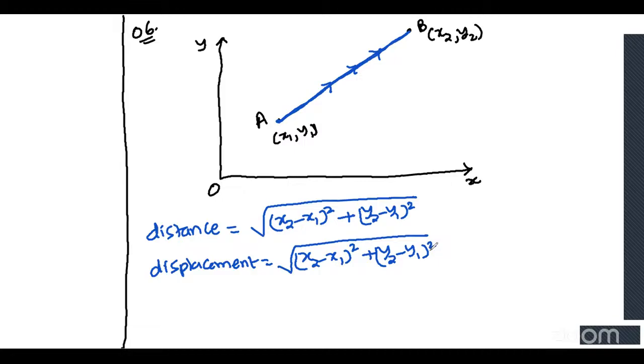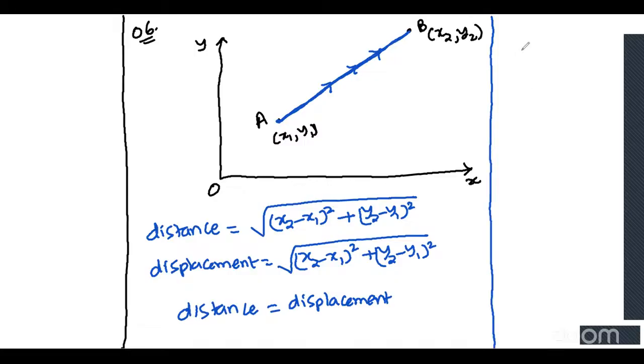Okay, sir. So, in this case, if you observe, we are having that distance equal to displacement. So combinedly, by all these cases, I can say that displacement is less than or equal to distance.